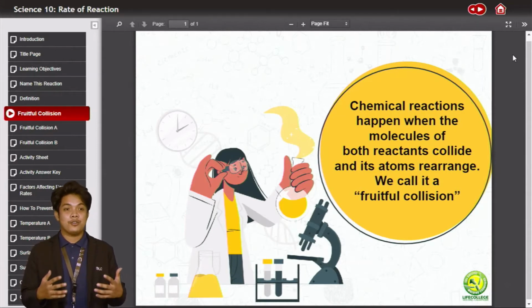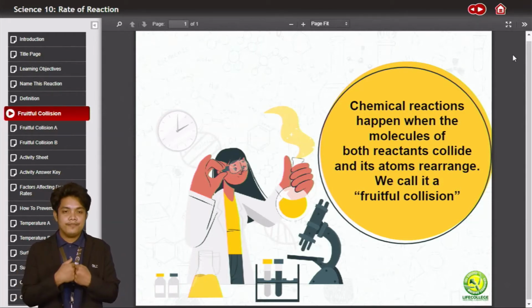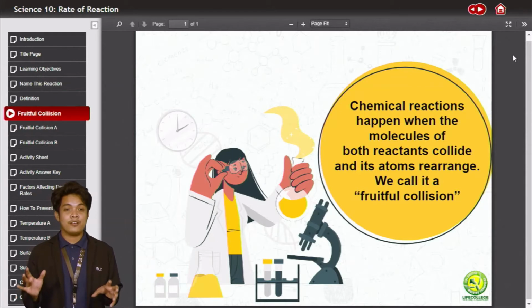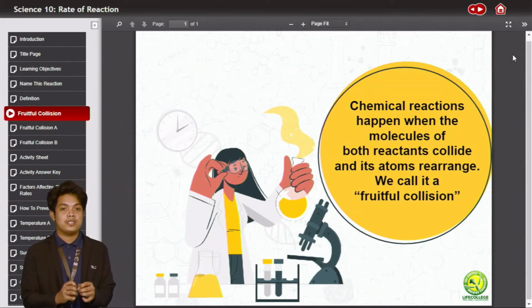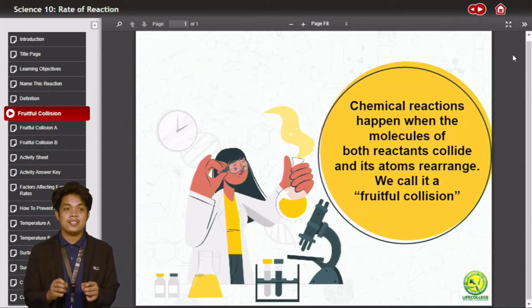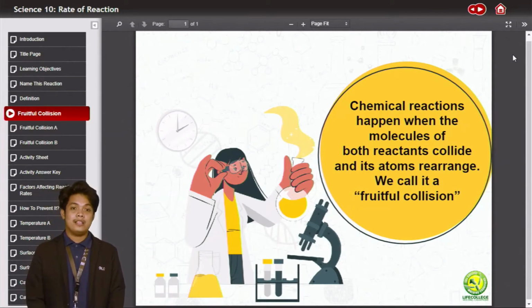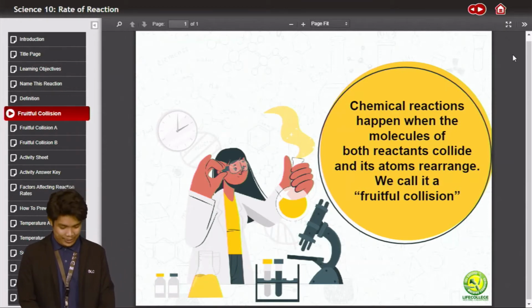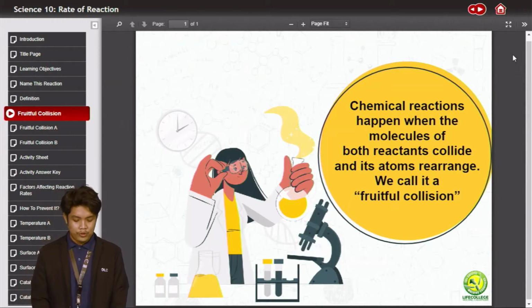So if the collision results in the rearrangement of atoms, we call that collision a fruitful collision. And they are only fruitful in some circumstances, which we will talk about. I will demonstrate these conditions to you using the simulator.